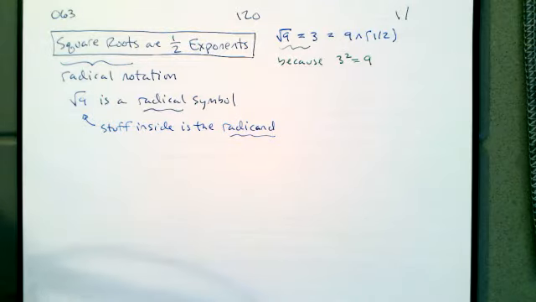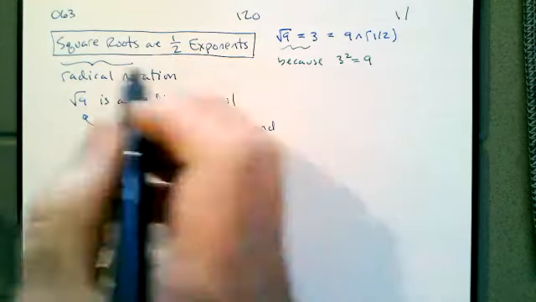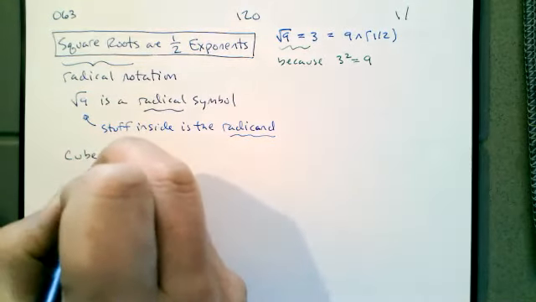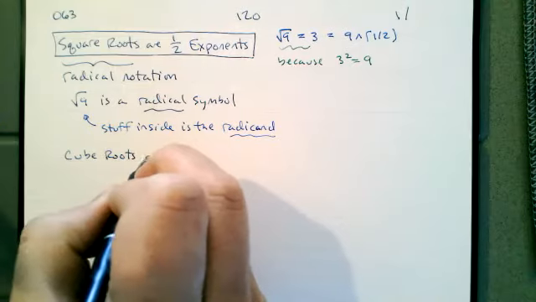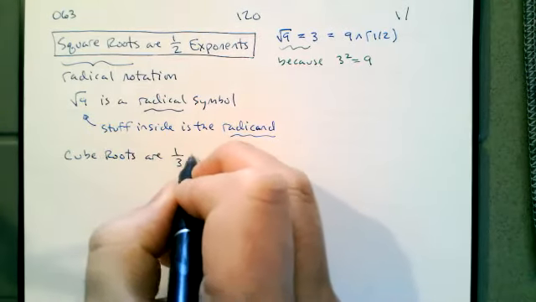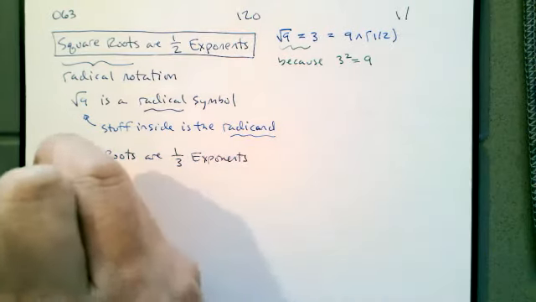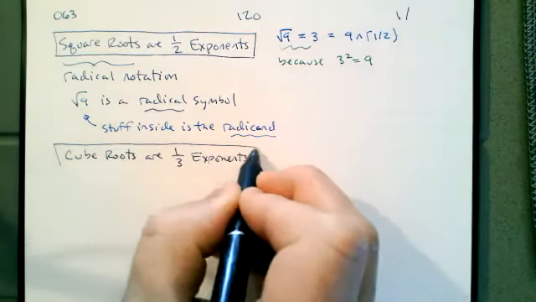So square roots are 1/2 exponents. Cube roots are 1/3 exponents. And here I'm just going to replace my 2's with 3's.